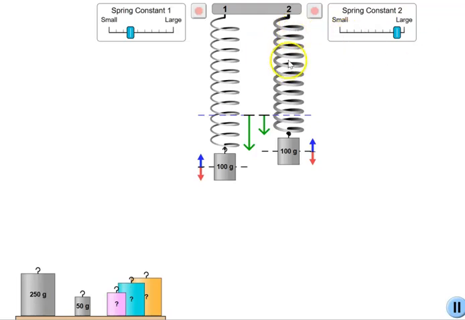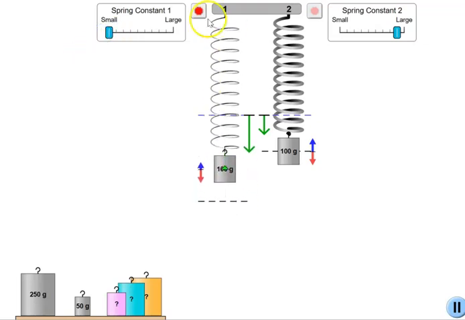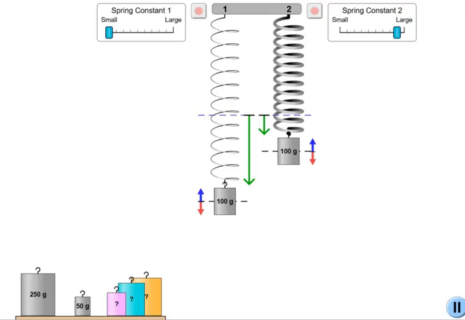The larger constant means it's quite strong, and therefore it's not going to stretch so much when you put the same force on it. Meanwhile, if you make it a really flimsy string, it's going to stretch further with that same constant force, the weight that's acting upon it.